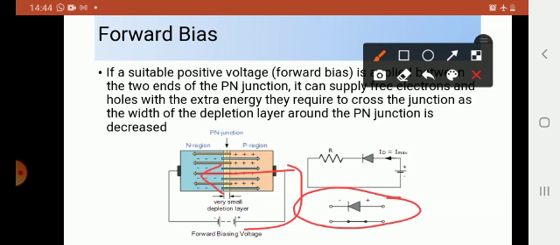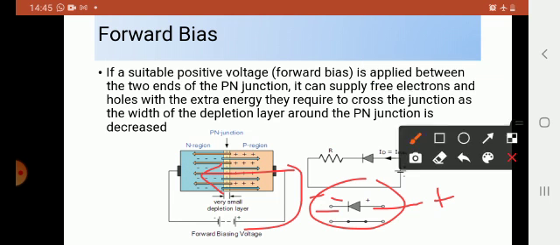In this diagram, they are showing that the p-type material is connected with the positive terminal, and the n-type material is connected with the negative terminal. In this way it is known as a forward bias.